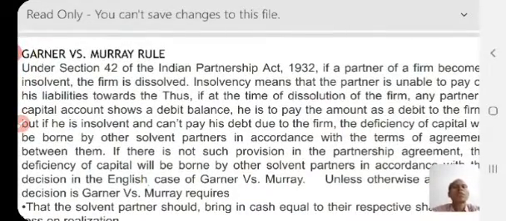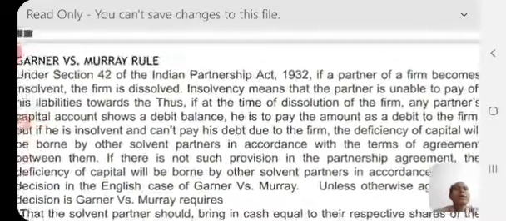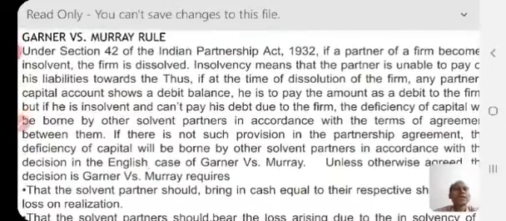Garner versus Murray rule under section 42 of the Indian Partnership Act 1932. If a partner of a firm becomes insolvent, the firm is dissolved.